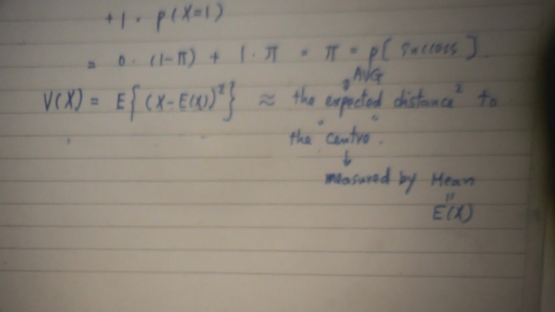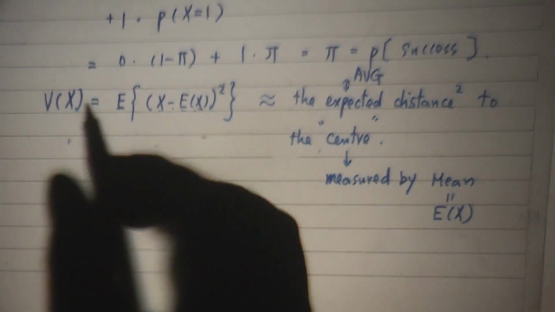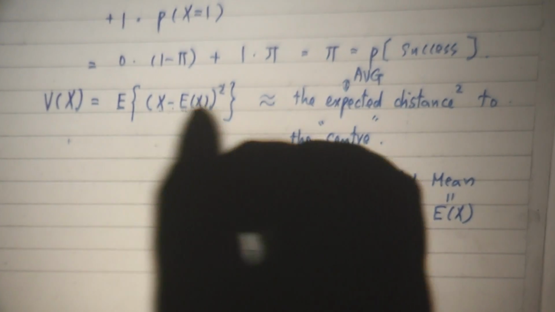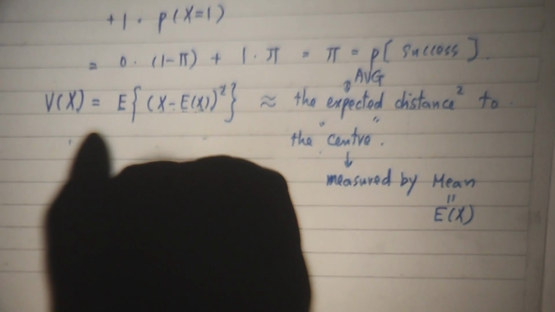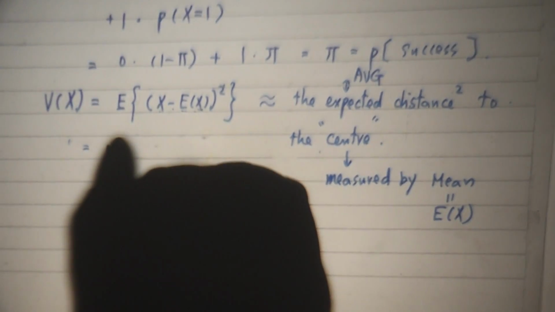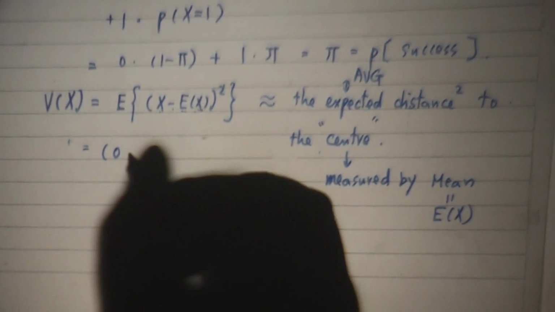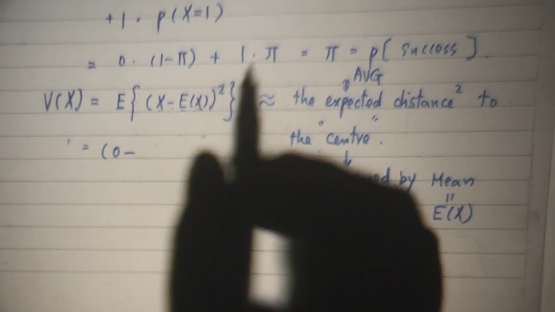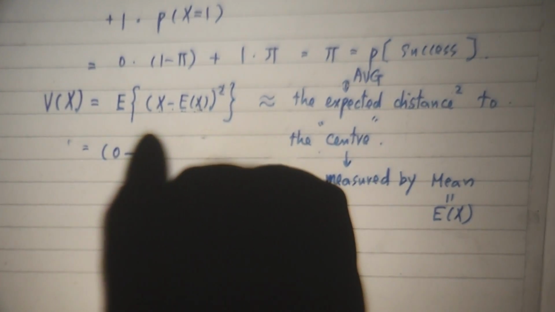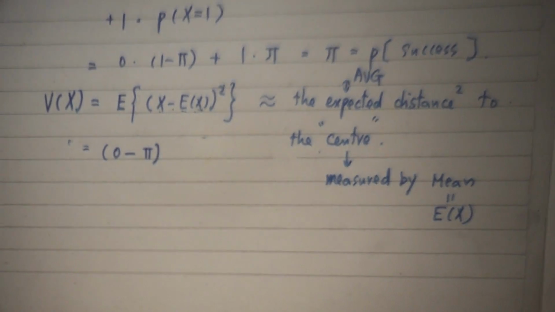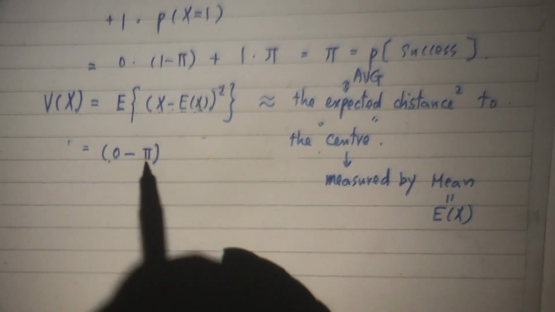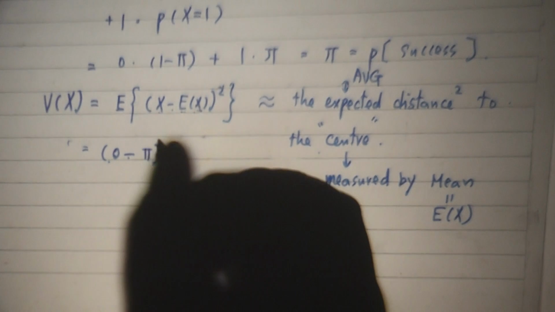Now, when x follows Bernoulli, let's see the expected distance squared to the center. When x is 0, the distance to the center, what's the center? Center we found is pi. When x is 0, its distance squared to the center is 0 minus pi, squared.